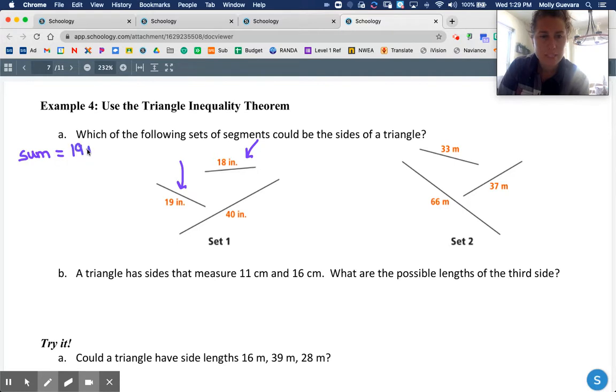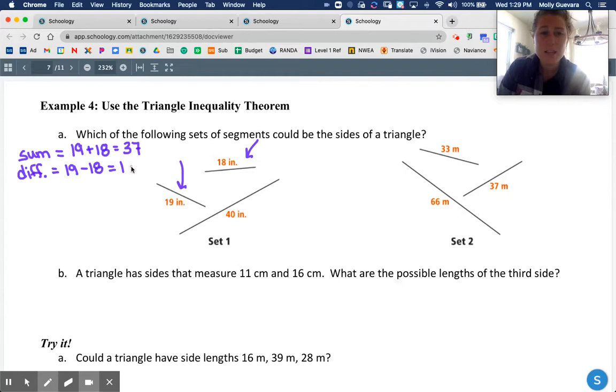So 19 plus 18, which is 37. And I'm going to find the difference, which is 19 minus 18, which is 1. Remember, you don't want to get negative numbers, so just always do the bigger number minus the smaller number.